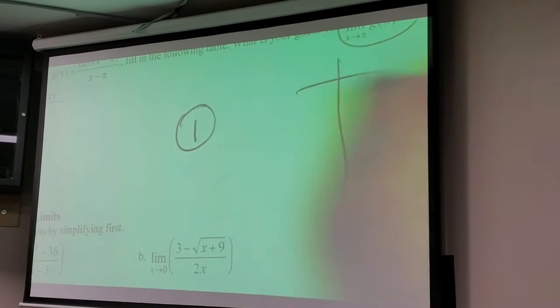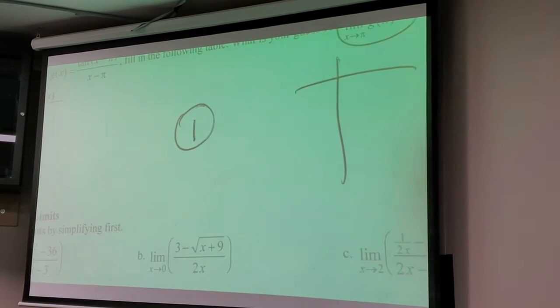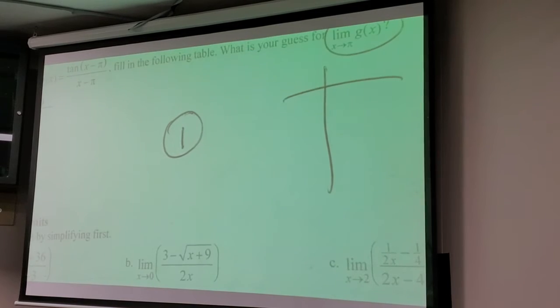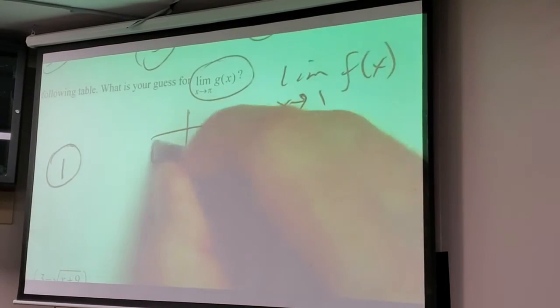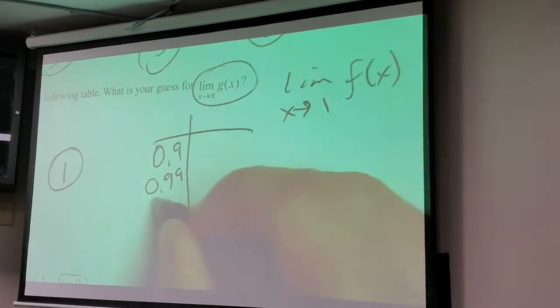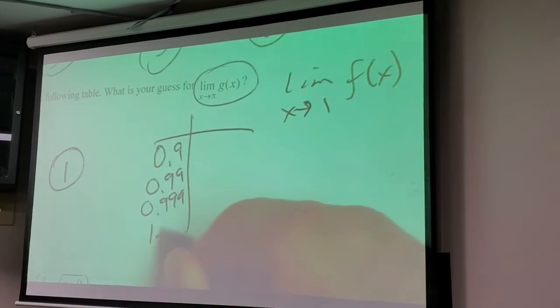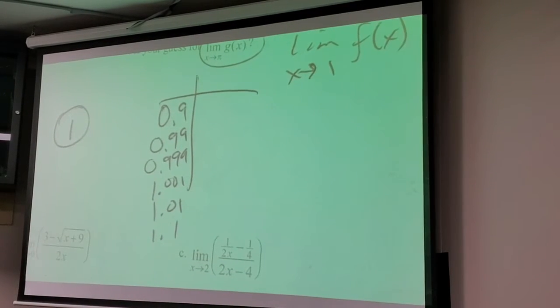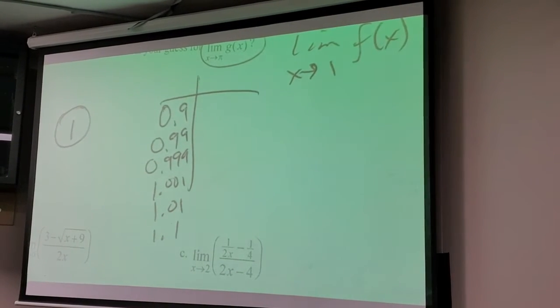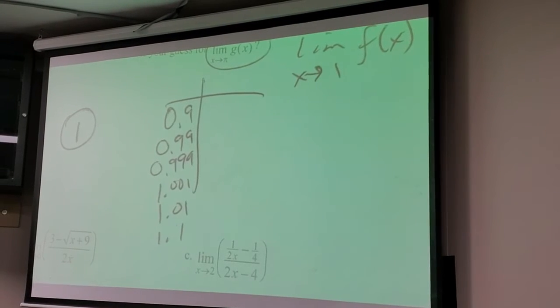So normally, if Jeff would have been a little bit better at this job, he would have made a problem where, like, if I wanted to know the limit as x goes to 1 of some function, you could make a table going 0.9, 0.99, 0.999, 1.001, 1.01, 1.1, approaching 1 from both sides, the same way we did when we were thinking about limits graphically.